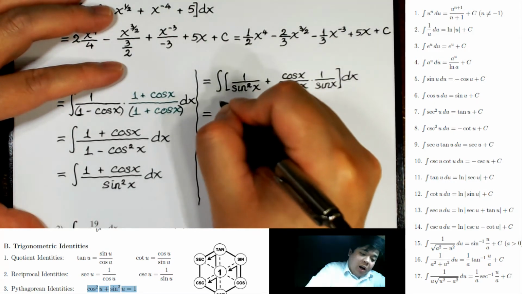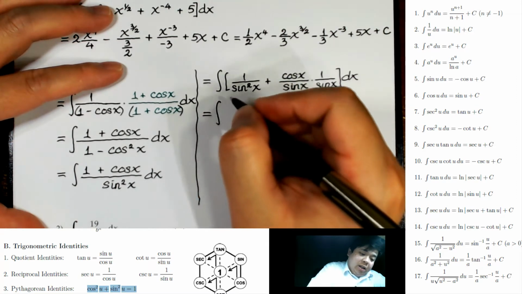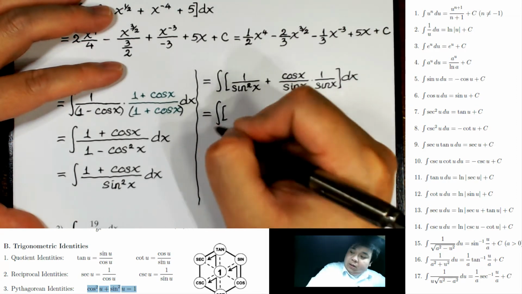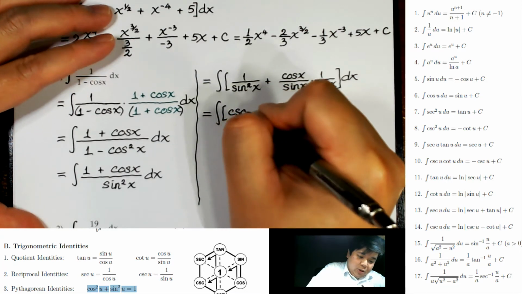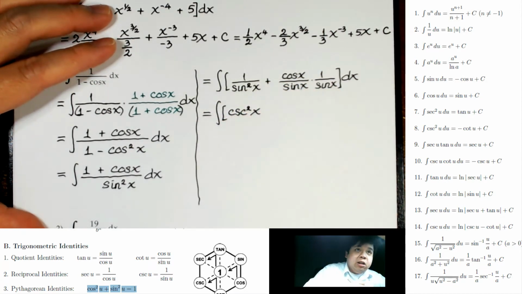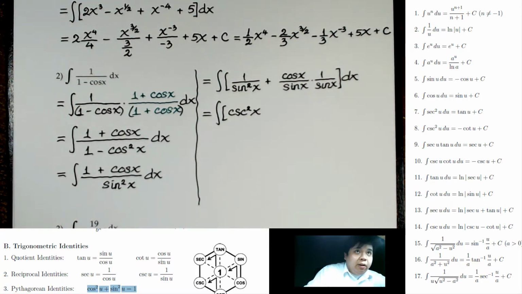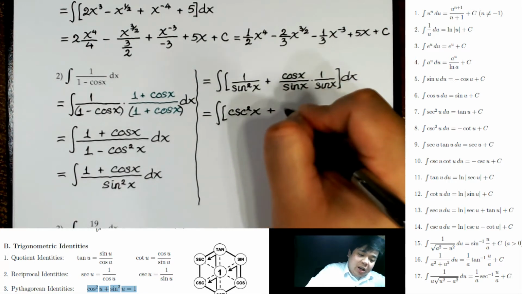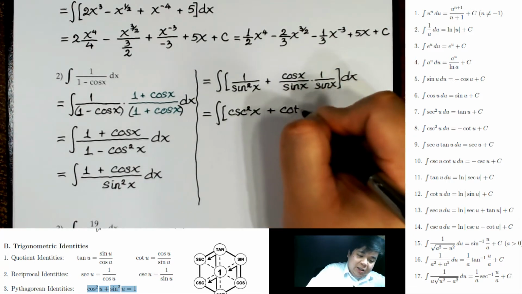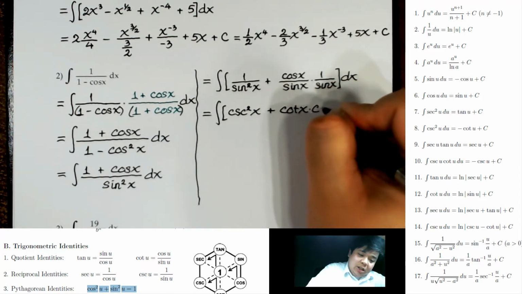1 over sine is cosecant, and that is squared, so we have cosecant square, plus cosine over sine is cotangent, and 1 over sine is cosecant.